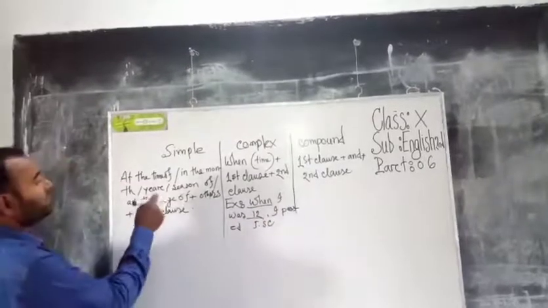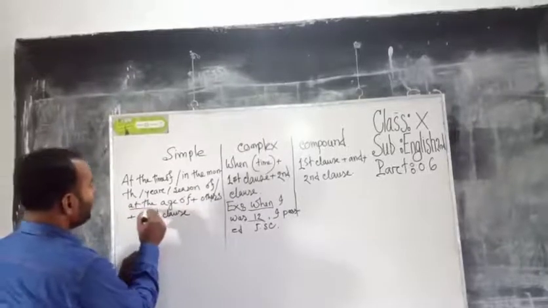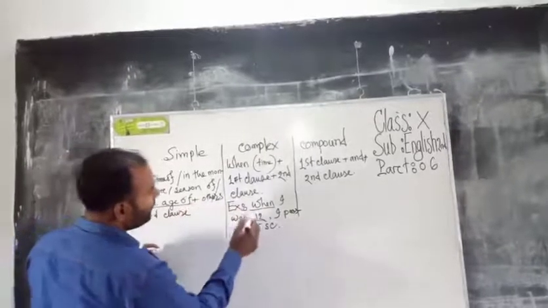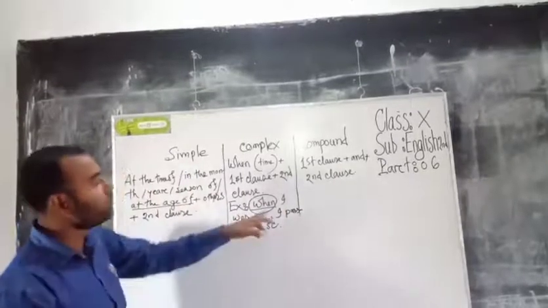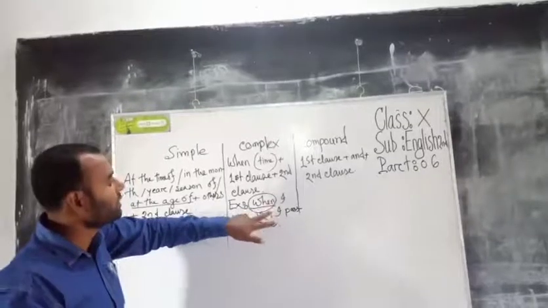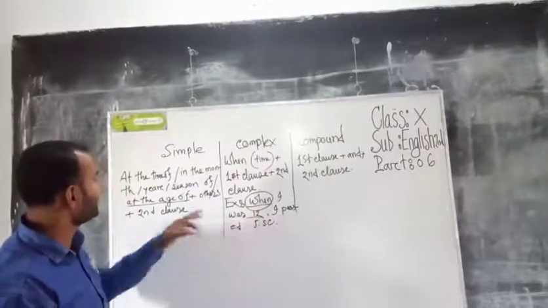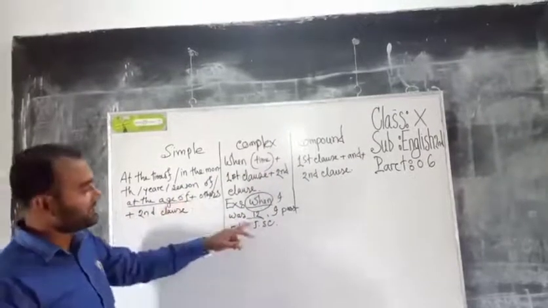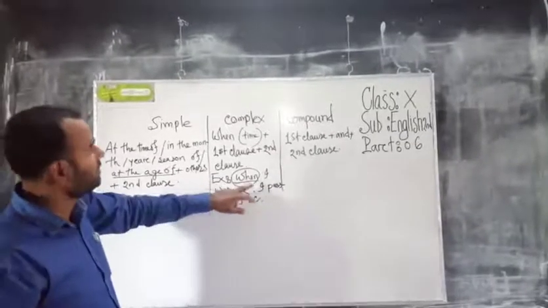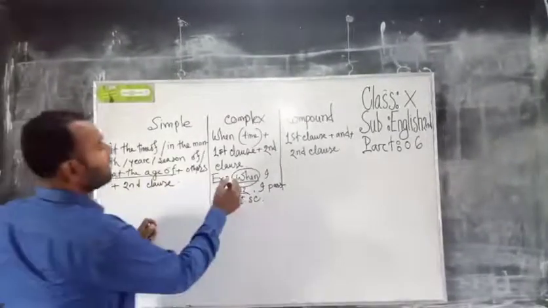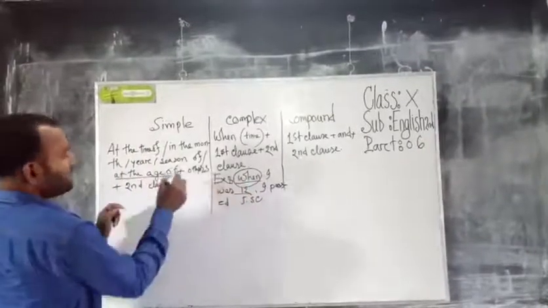When is a symbol of a complex sentence, and as it expresses time, we have to use at the age of, as 12 years old. So instead of when, we will use at the age of.